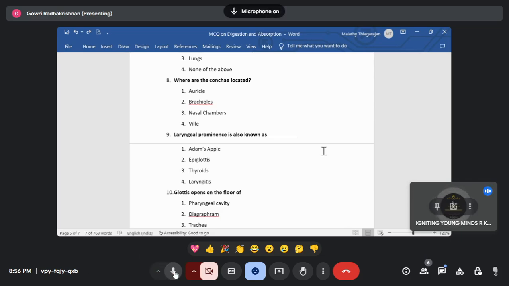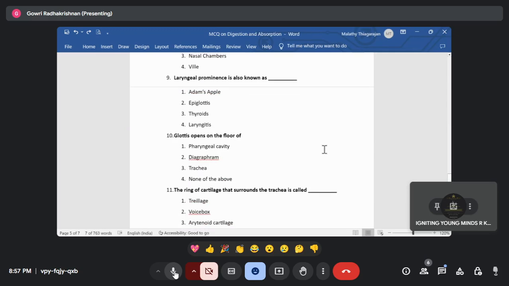It is in the neck. Yes, it's in the front of the throat. It's like a projection. It moves up and down when you talk, or when you swallow, when you eat. So that's the Adam's apple. That's the laryngeal prominence.